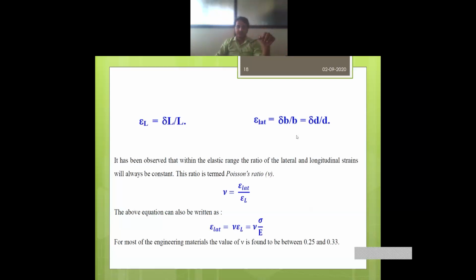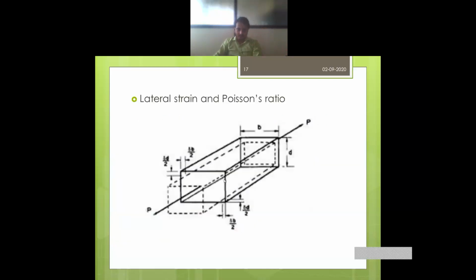In this diagram you can see in the y direction the dimension is reducing, and in the x direction also the dimension is reducing.